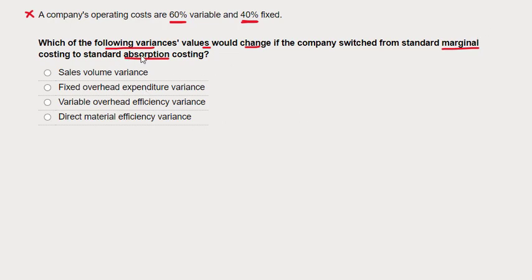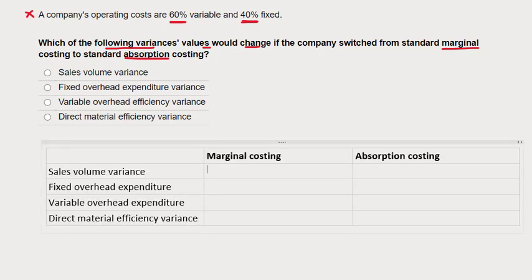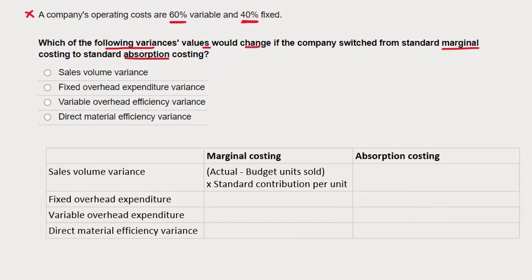Let's go through them in turn. So the sales volume variance, first of all, that's when we've got a difference in the number of units that are sold between our actual units sold and our budgeted units sold. And under marginal costing, it gets multiplied by the standard contribution per unit. It goes right at the top of our variances reconciliation statement. And it's a slightly different calculation under absorption costing.